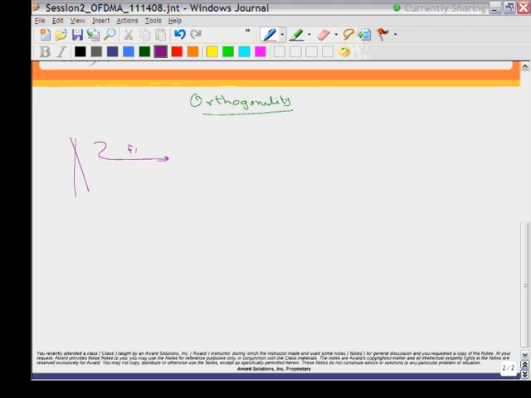So we have F1. We want to send bit A to one user, and we have bit B going over F2 to another user. So the base station is sending out a signal that has 2 bits, 1 bit going to one user, another bit going to another user.